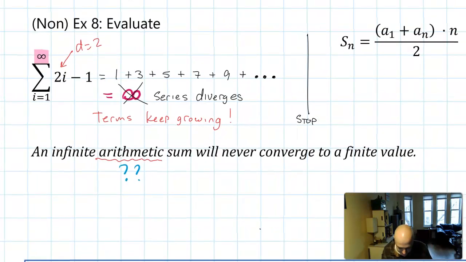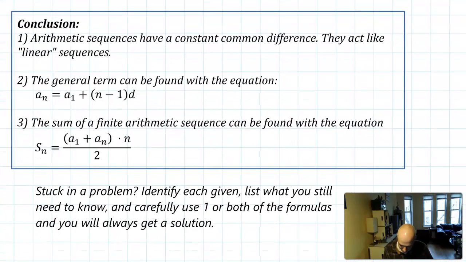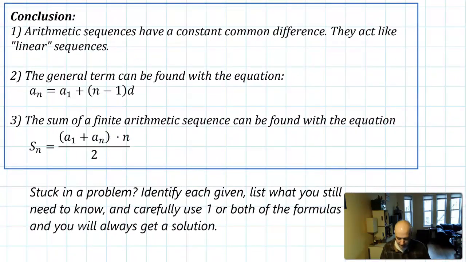All right, so we've closed with two non-examples, things that are either too big to evaluate or not arithmetic. But let's conclude and go back to what we learned today. One, arithmetic sequences have a constant common difference. They act like linear equations or linear sequences. They grow at a regular rate, and you can always predict how they're going to grow.